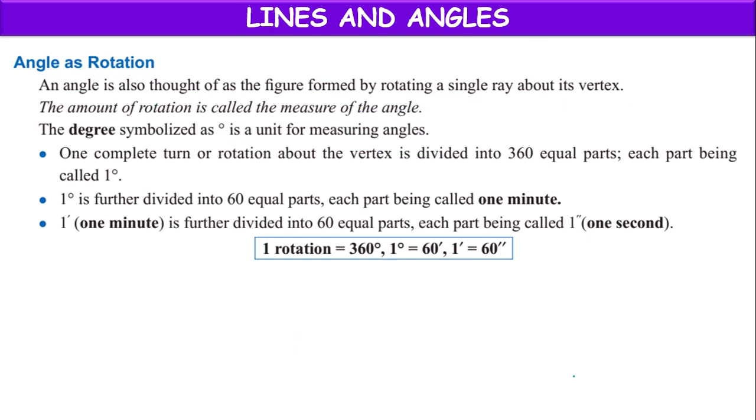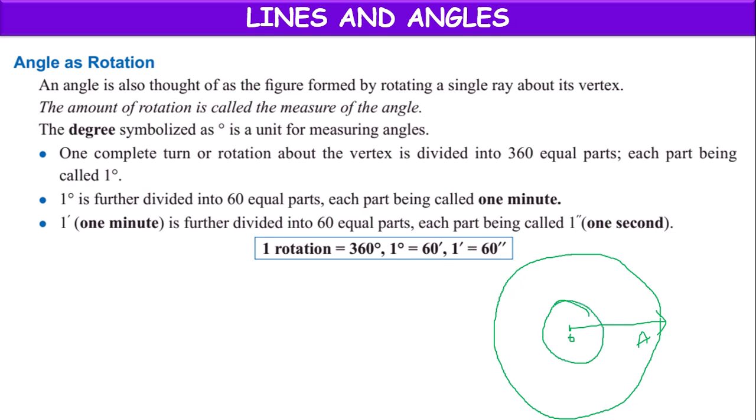Suppose a single ray, this OA ray, has made a complete rotation and again came back to the same place. About vertex O, the single ray has made one complete rotation. One complete turn or rotation about the vertex is divided into 360 equal parts, and each part is equal to 1 degree.